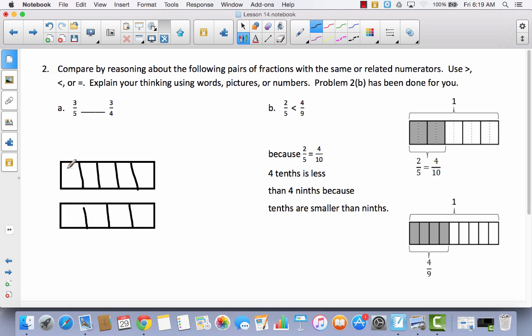Okay, so let's shade 3. 1, 2, 3. So which would be greater, fifths or fourths? Fourths are greater because the more parts you divide it into, the smaller the parts. Therefore, 3/5 is less than 3/4.